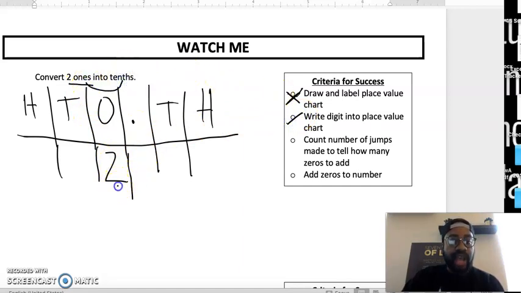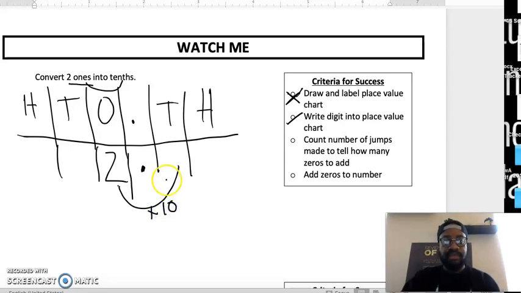I'm trying to change that into tenths, so I'm going to count how many jumps it takes to get from ones to tenths. Well, that's 1 jump. Notice how I didn't count this because this is not a place value. This is where your decimal point goes, so I didn't count the decimal spot as a place value. Moving from ones to tenths is 1 jump, so I'm going to be multiplying just 1 jump.